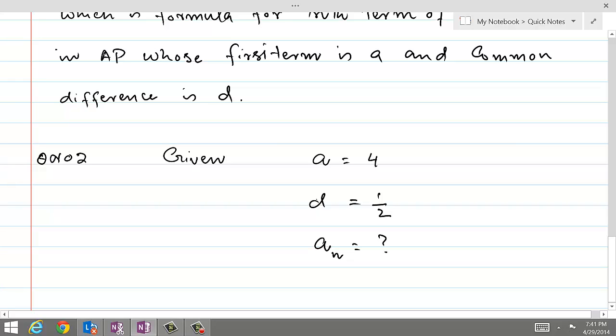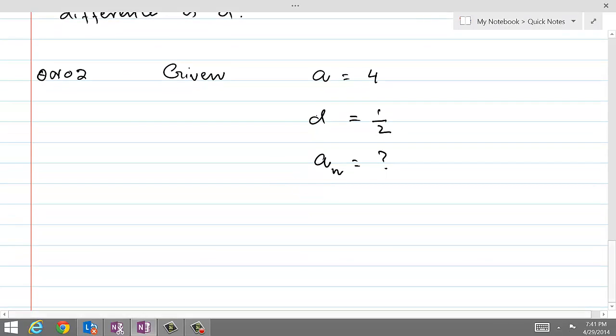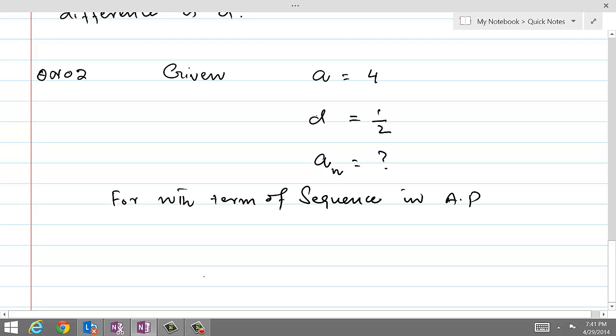So by using the formula for finding the general term, the nth term of a sequence in AP, what is the formula? The formula is AN is equal to A plus N minus 1 into D.